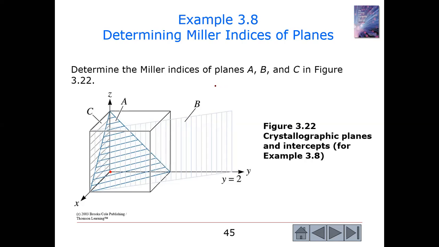For A, the x-intercept is 1, the y-intercept is also 1, and the z-intercept is 1. So this plane is (1, 1, 1). Okay.